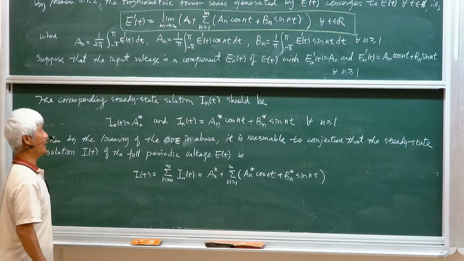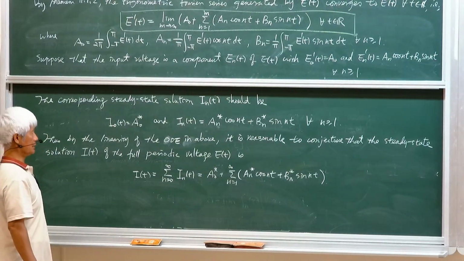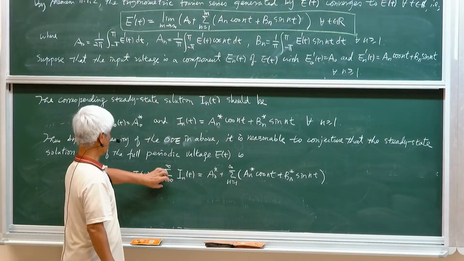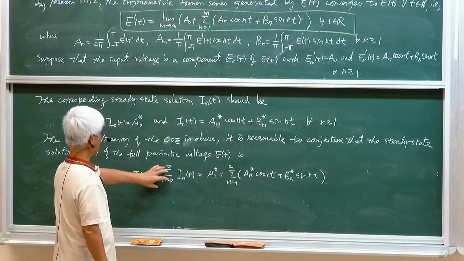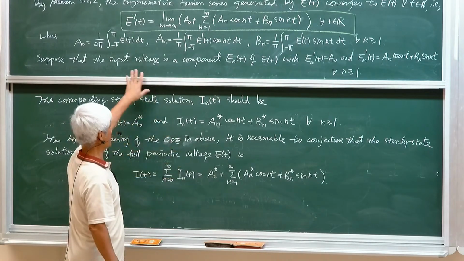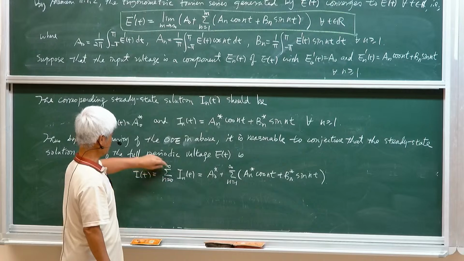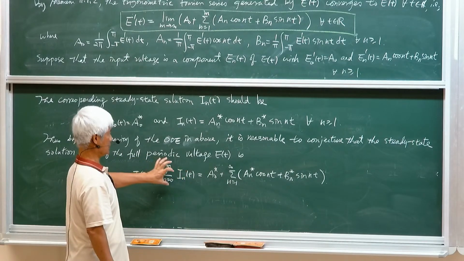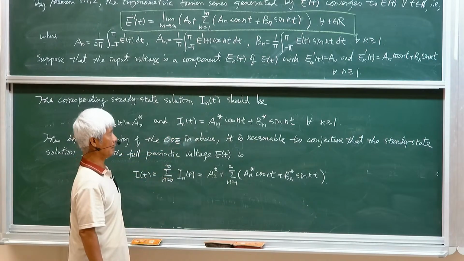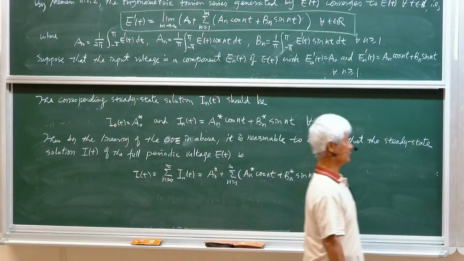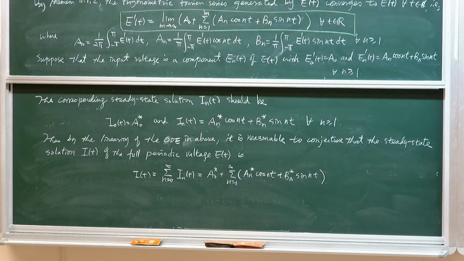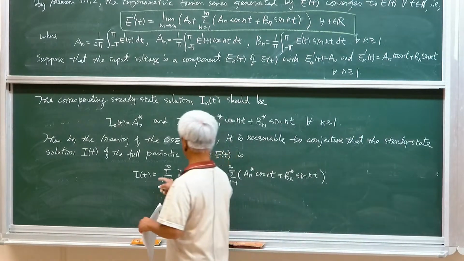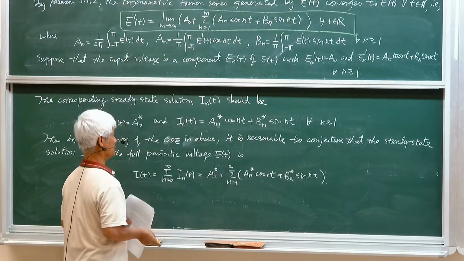The reason why we call it a conjecture is that if we include only a finite number of components, say for n from 0 to some m, then of course this is a true solution. So if you include a finite number of components, then this is indeed a steady-state solution.